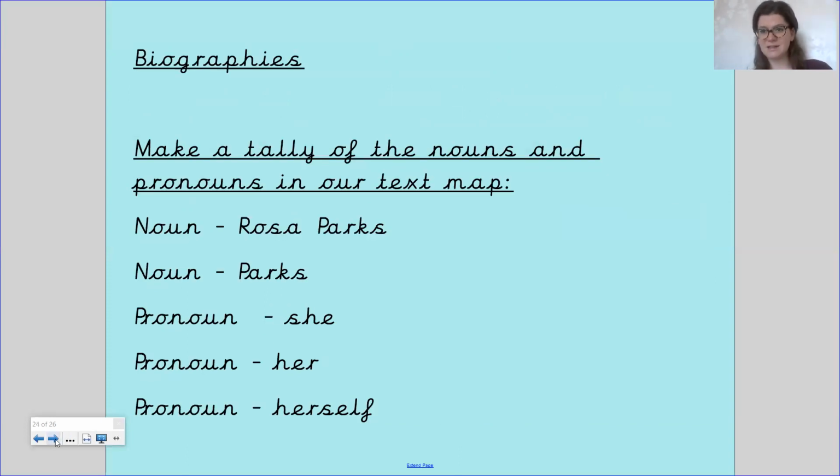And last activity of the day, well, of this lesson. We need to understand how to use pronouns and nouns in biographies. We're learning how to write a biography, and it's really important that we use pronouns and nouns correctly in biography writing. So to help us understand why it's important, I want us to have a little look at our text map.